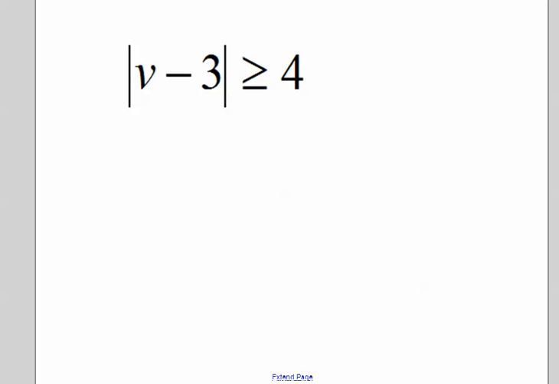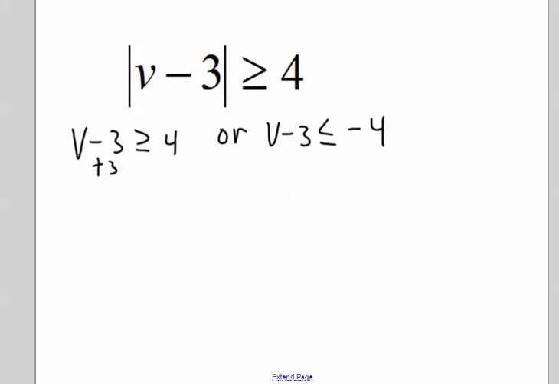How about this one? The absolute value of v minus 3 is greater than or equal to 4. Now this one fits the OR scenario. So I'm going to go v minus 3 is greater than or equal to 4, or v minus 3 is less than or equal to negative 4. That's just a little rule we talked about in your foldables. So go ahead and add 3 to both sides, and you get v is greater than or equal to 7.